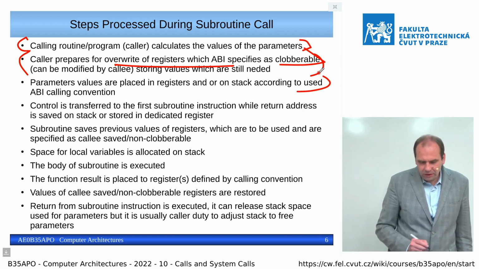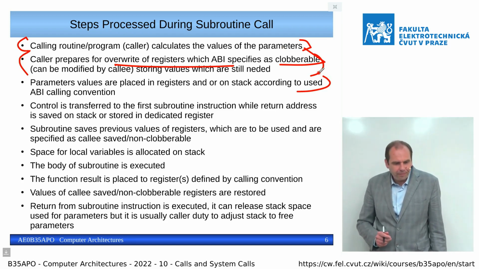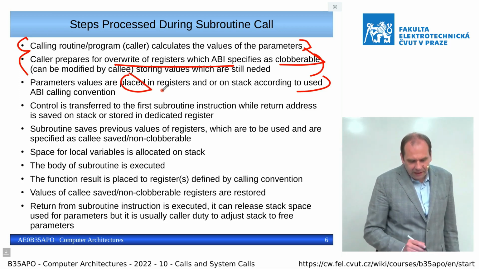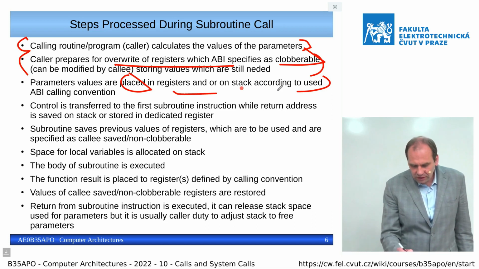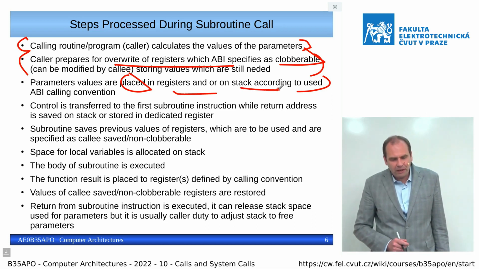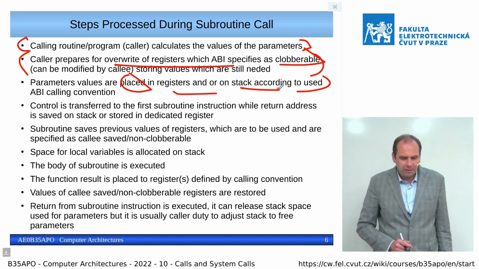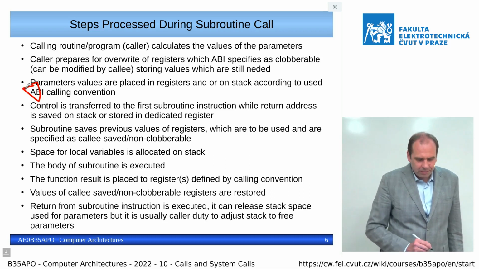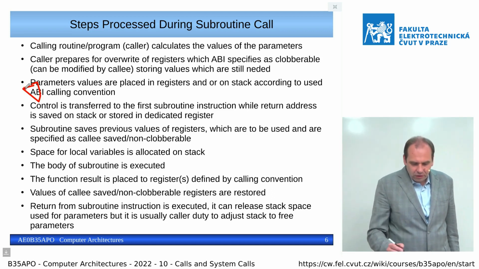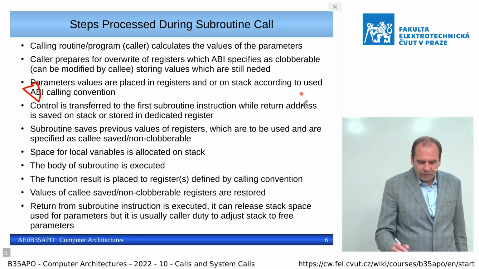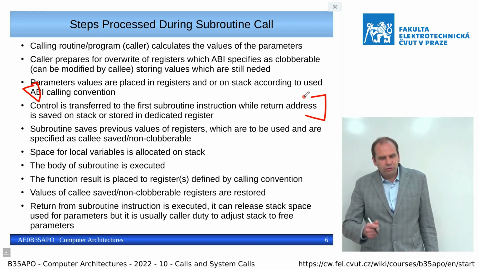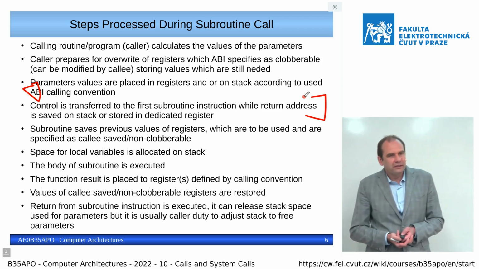Then you put the arguments or parameters to the function to the correct place, and it can be in the registers or it can be on the stack, or there are some other possibilities how to pass the parameters for different architectures and so on. It is defined by the application binary interface and calling convention standards for each architecture. Then you transfer the actual control to the called function, and the subroutine starts to execute.